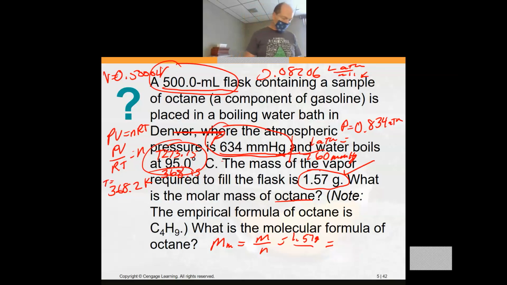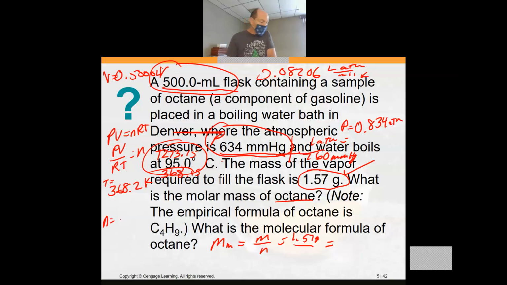So you take your pressure, 0.834, times your volume, 0.5, divided by the 0.08206, your R value, and then you take that divided by your 368.2, and you get your moles.